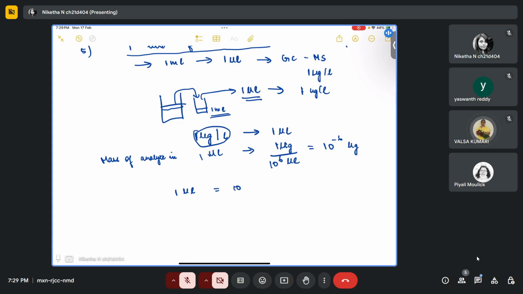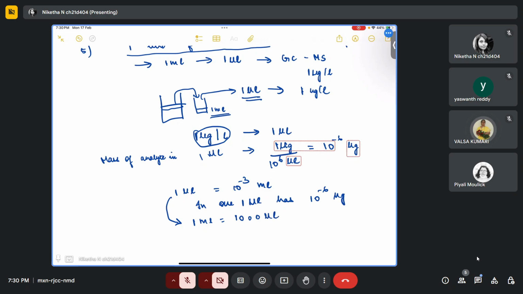So 1 microliter is going to be equal to 10 power minus 3 milliliters, or 1 milliliter is going to be 1000 microliters.